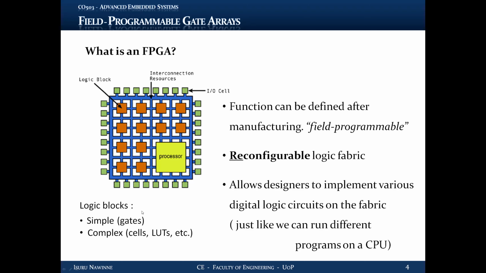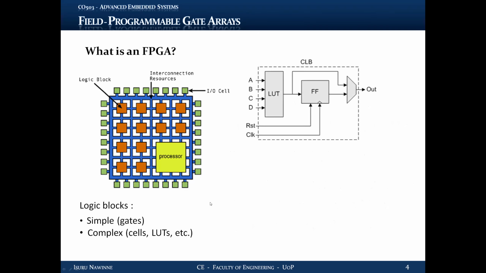Sometimes they're called logic blocks or logic cells or LUTs, lookup tables. LUT stands for lookup table. So a lot of different names. LUT is actually something that is inside a logic block. To give a very brief overview of these configurable logic blocks, they look something like this.